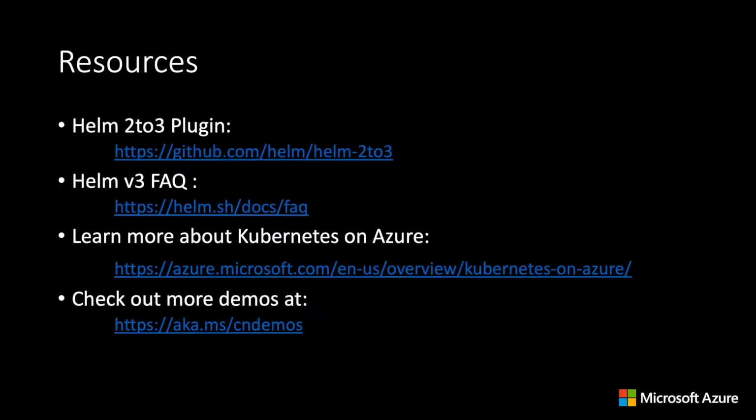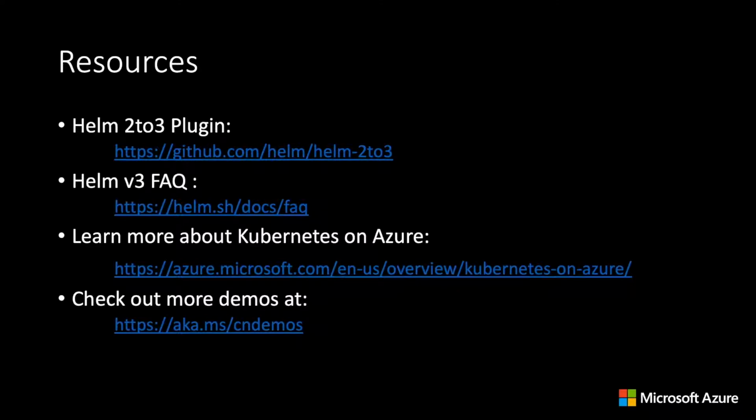Resources, we have that Helm 2to3 plugin. You can check that out. There are, of course, many details that we didn't cover in this short demo. There is a Helm v3 FAQ that goes into great detail about the many differences, invisible and visible, that you may want to know about. Again, most of your charts are going to work just fine without any changes. You can even convert your releases, but you may want to read through the FAQ as you're migrating from 2 to 3.